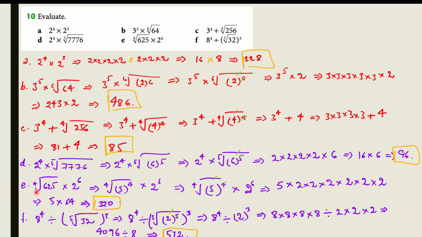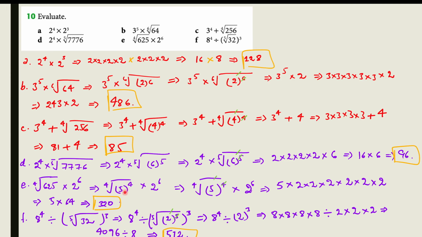Fifth part of the question is the root of 625. Under the root we have 625 and the power of the root is 4, multiplied by 2 raised to the power of 6. Again, starting with the root, 625 we can also write as 5 raised to the power of 4.